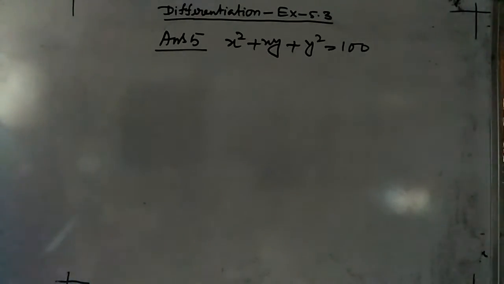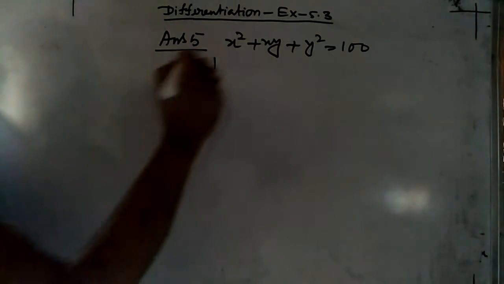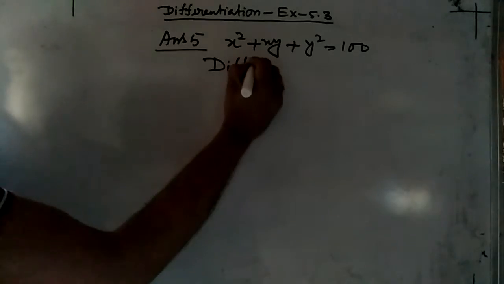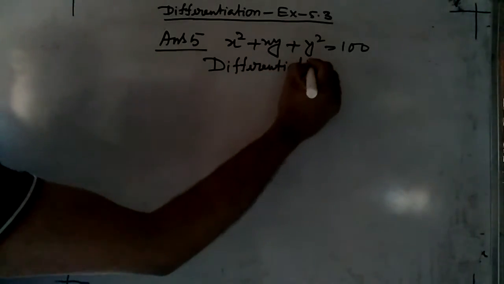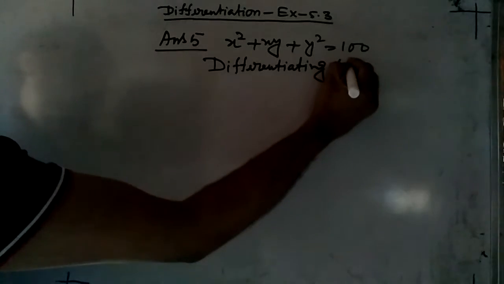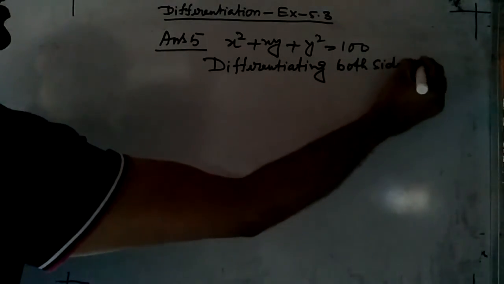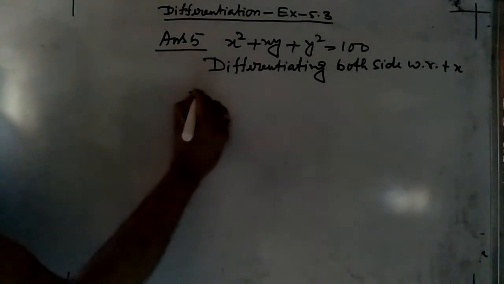But like question number 1, we'll solve these questions also. No need to think it is explicit function or implicit function. To find dy by dx, differentiating both sides with respect to x, right?